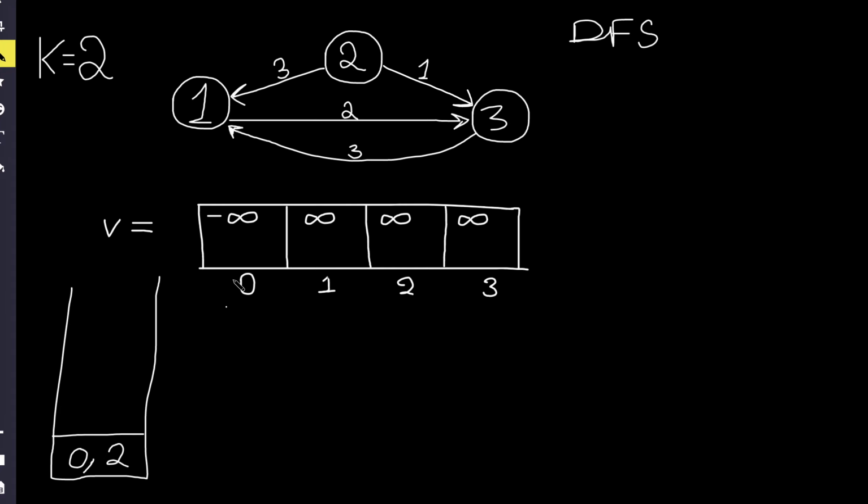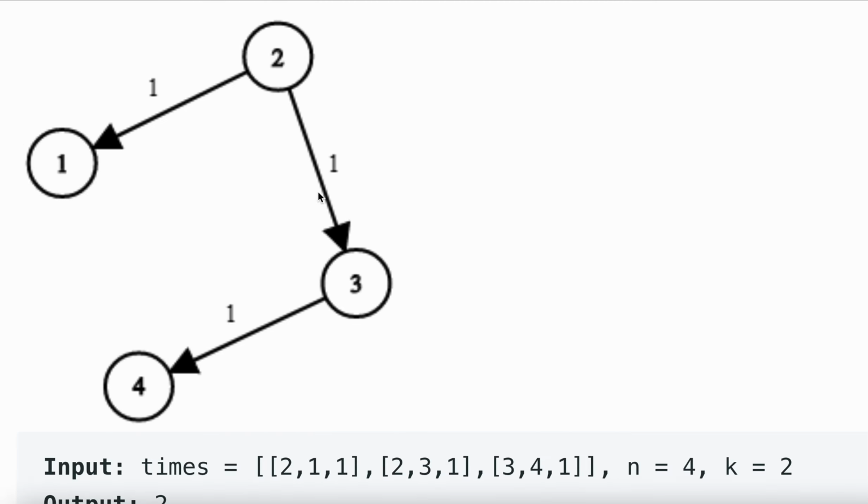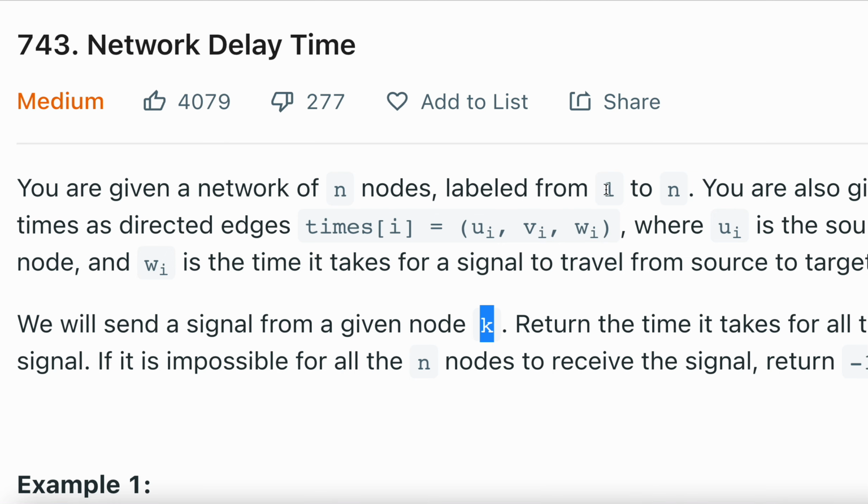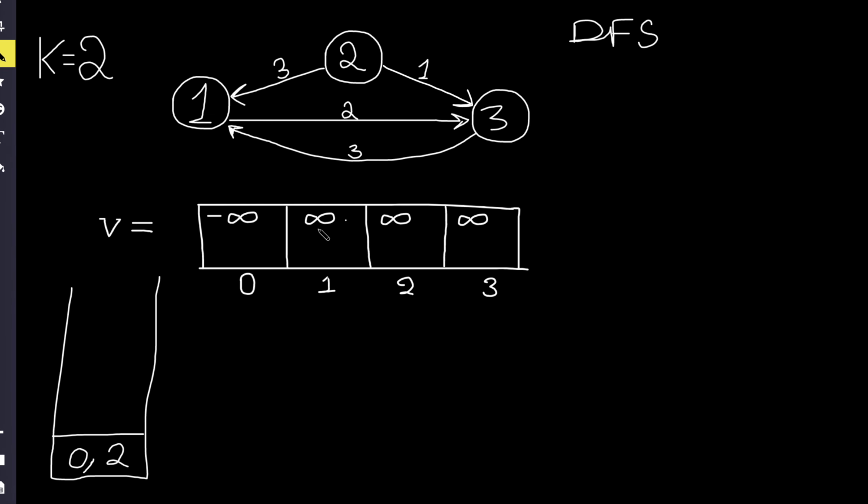So we will use this time and call the DFS program. Here we use a visiting array for DFS or BFS. In this visiting array, we will initialize the time taken to reach all the nodes to infinity. In the question they have said there will be nodes from 1 to n, so we should exclude the 0th node. I have initialized the 0th node with some minimum time so that it will not come into our calculation.